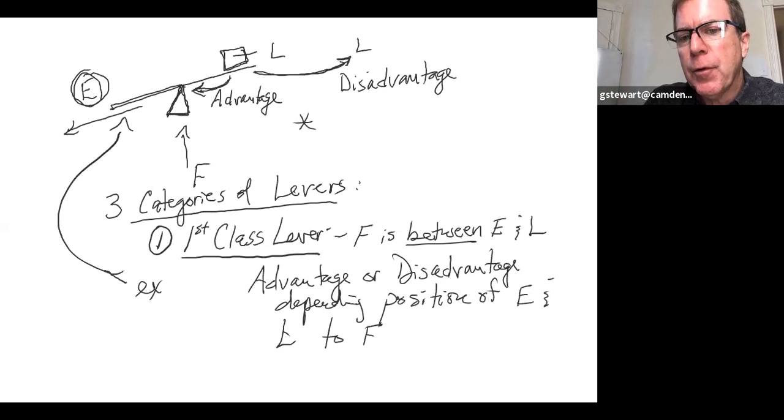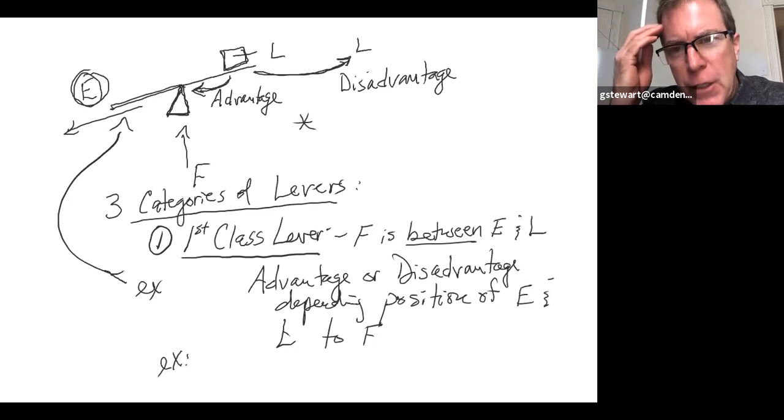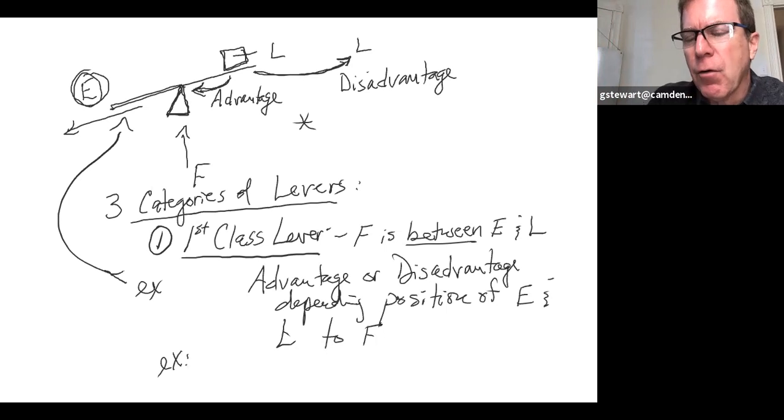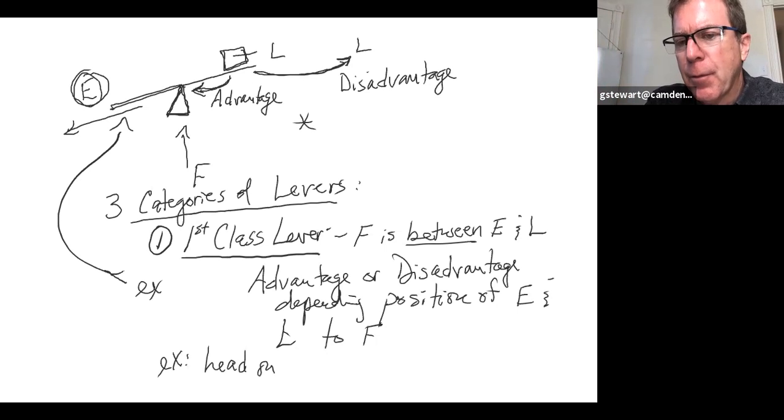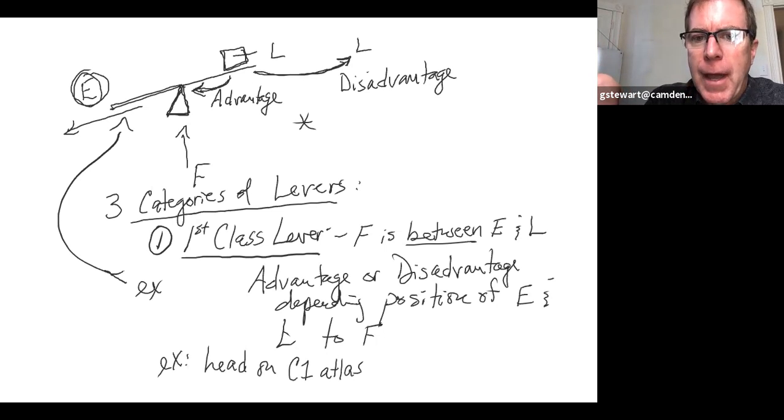Now, a human example. These are not very common in the human body, this type of category of lever. The classic example is the head sitting atop C1, atlas, that first cervical vertebra. So I'm just going to draw a vertebra right here, C1 from a lateral view.